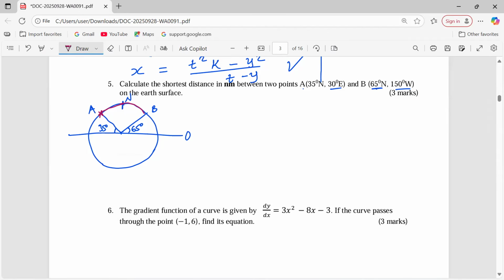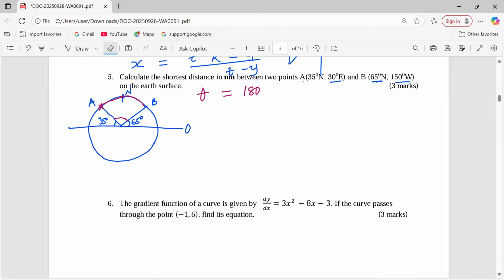So we want to get now the arc length. This angle theta can now be found when we take 180 and subtract both 35 and 65. So we get 80.